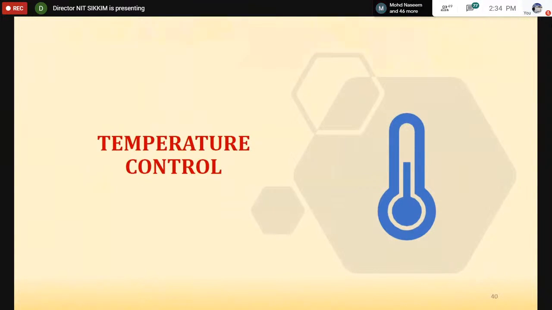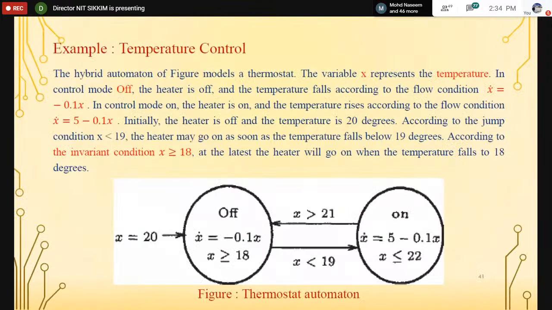So a very simple example is the temperature control. You have a thermostat. How would you model the thermostat operation using the hybrid automata or the FSA? So we say X represents the temperature in your control.